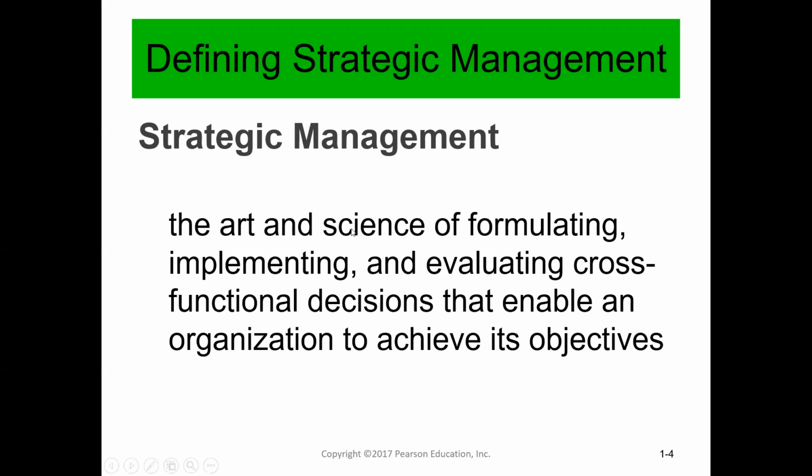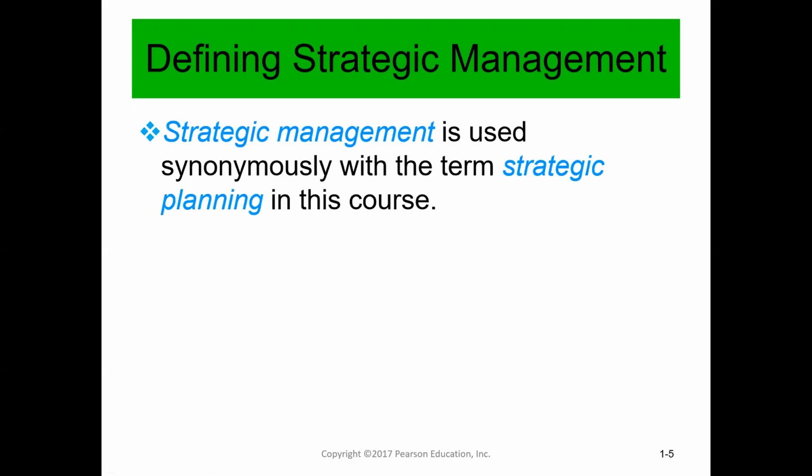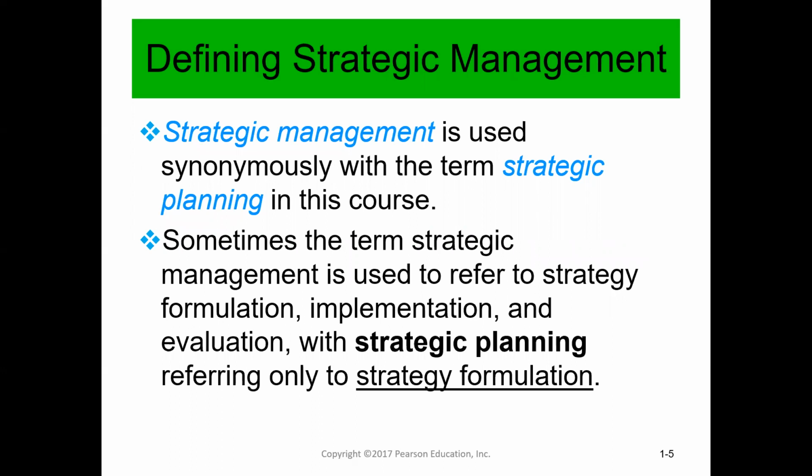Decisions is all about cross-functional decisions, no? And strategic management is used synonymously with the term strategic planning. So when we say strategic planning or strategic management, it is used to refer to strategy formulation, implementation, and evaluation. And with strategic formulation, it's only engaged in strategy formulation.